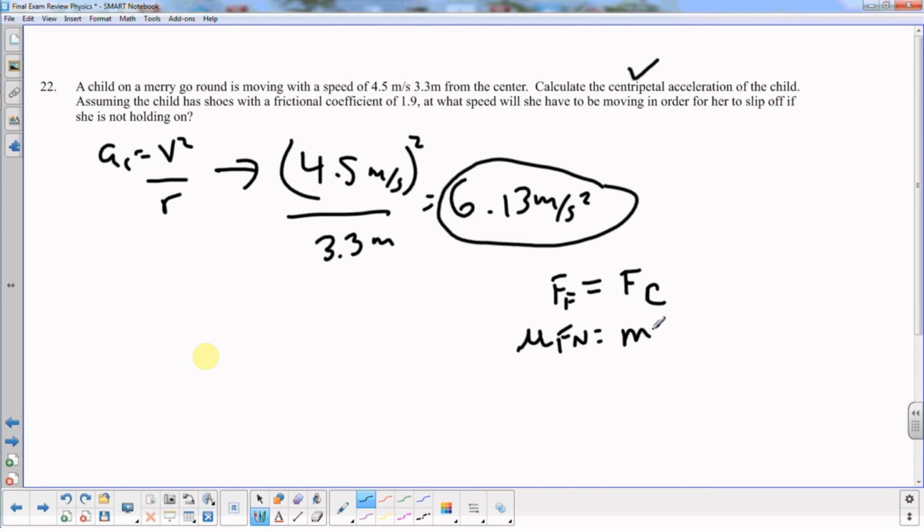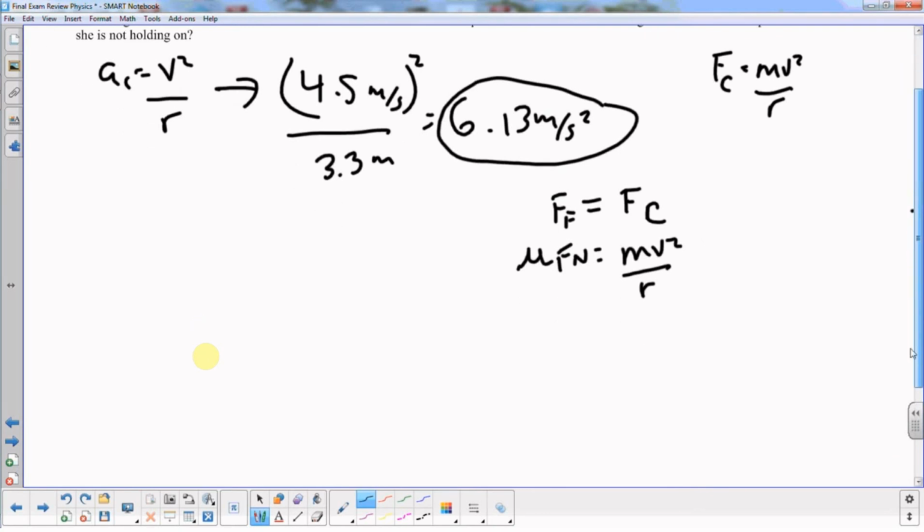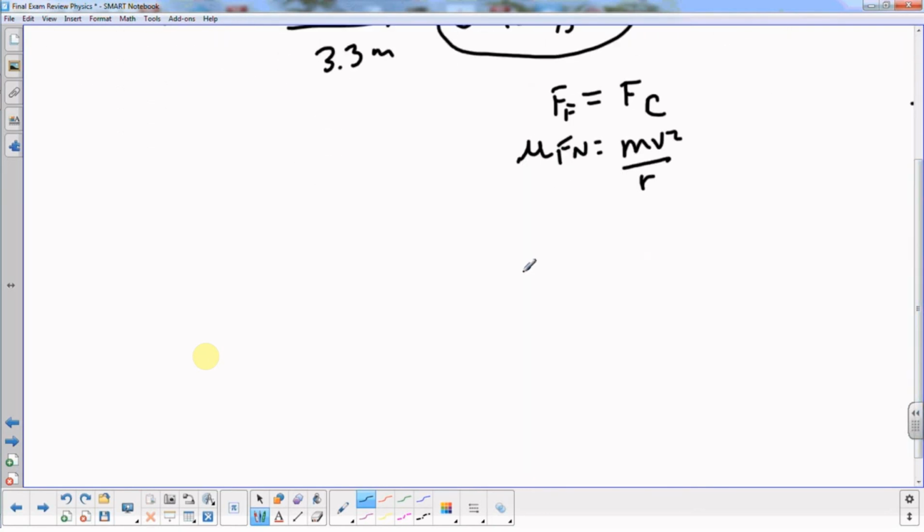FC, centripetal force, mv squared over r. I hope you have your equation sheet and you see that. Fn is equal to mg. So we can really say mu mg equals mv squared over r. The m's will cancel. Mu times g equals v squared over r.